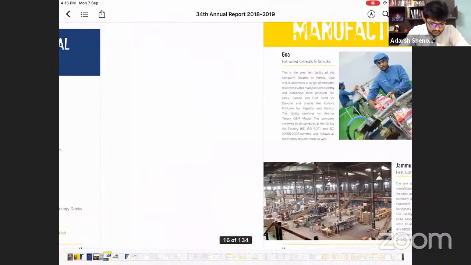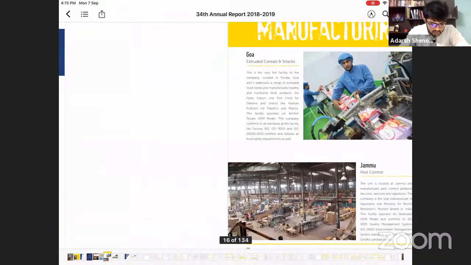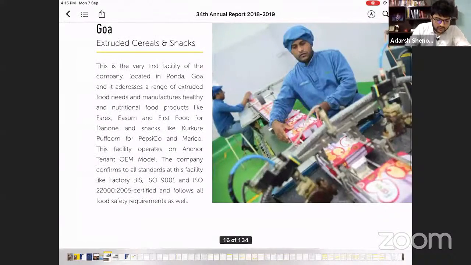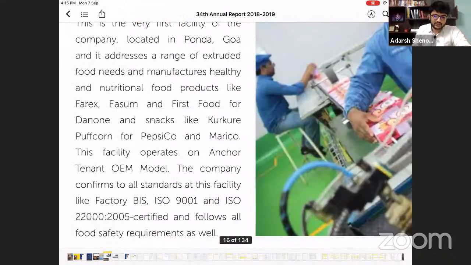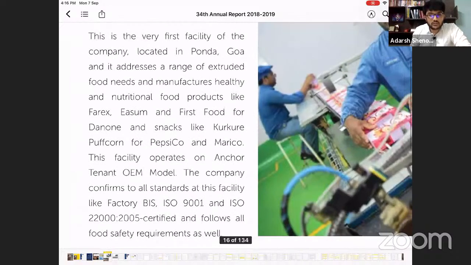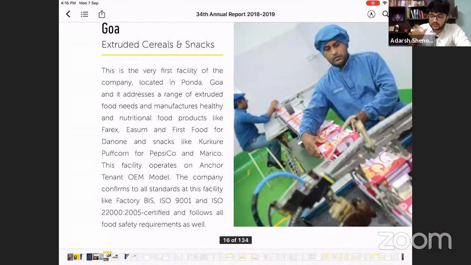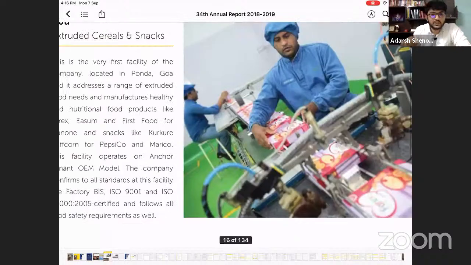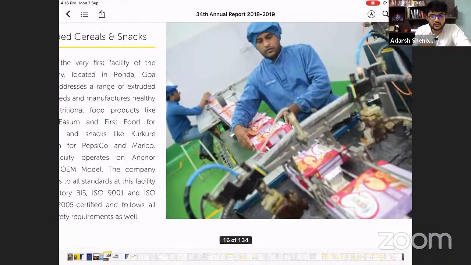I told you in the Goa factory, they're manufacturing puffcorn for Kurkure. For PepsiCo, they manufacture it. For Marico, they manufacture some of the items in their Goa factory. So when they do this, the raw material required for manufacturing these products is generally supplied by the principal.